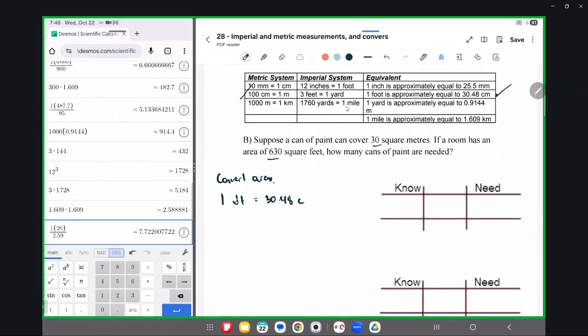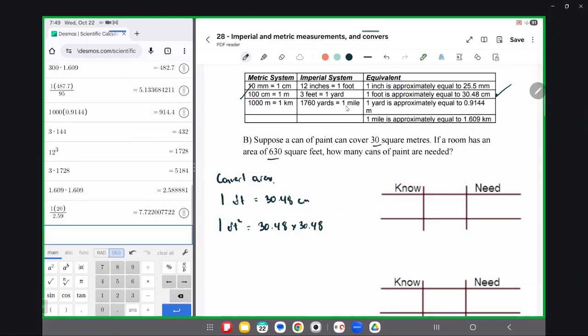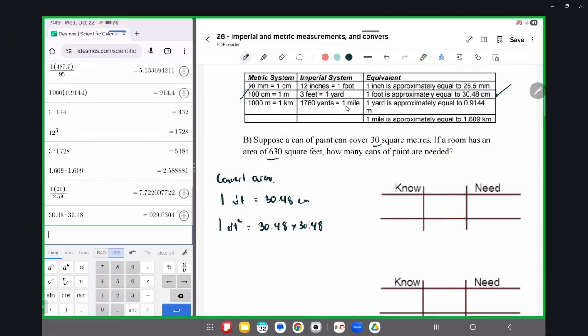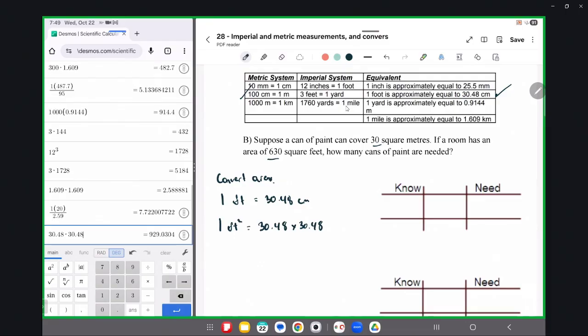So 1 square foot is going to be equal to 30.48 multiplied by 30.48. On my calculator, 30.48 multiplied by 30.48 gives me 929.03. And these are in centimeters squared.